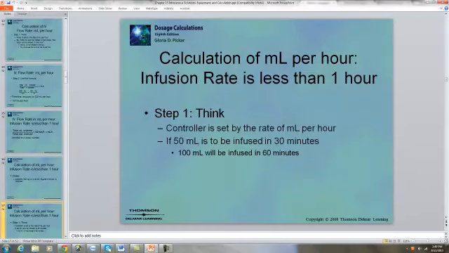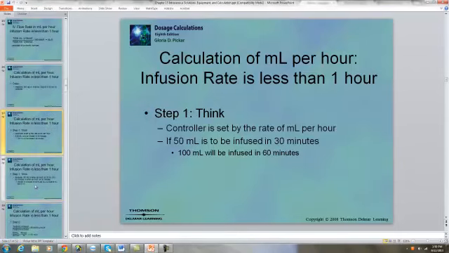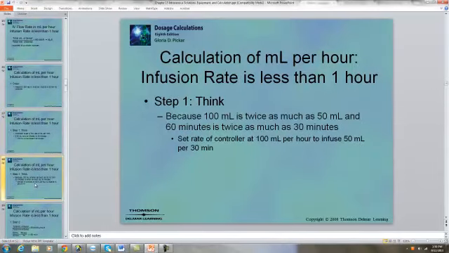So if 50 milliliters is to be infused in 30 minutes, then 100 milliliters would be infused in 60 minutes. Because 100 milliliters is twice as much as 50 milliliters, and 60 minutes is twice as much as 30 minutes, set the rate of the controller at 100 milliliters per hour to infuse 50 milliliters per 30 minutes.